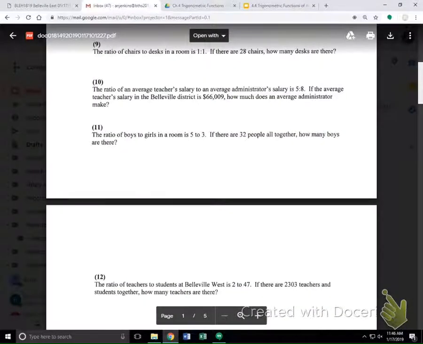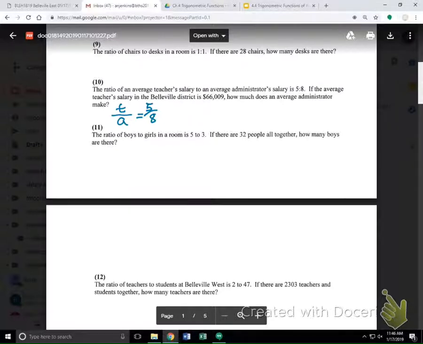Okay, so our next one, we did chairs to desks, so I could have actually gone further, but we're on number 10. We see on number 10, it's the average teacher salary over the administrator's salary, and that's going to be a ratio of 5 to 8. But then the next portion says if the average salary of a Belleville district teacher is $66,009, what does the administrator make?